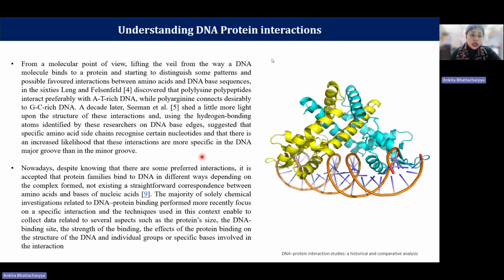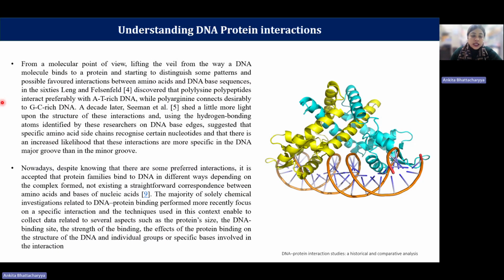So Leng and Felsenfeld were two scientists who were the first to discover that polylysine polypeptides, which you might think of as very small proteins, but do not have any defined 3D structure, preferably interact with AT-rich DNA, while polyarginine connects desirably with GC-rich DNA.